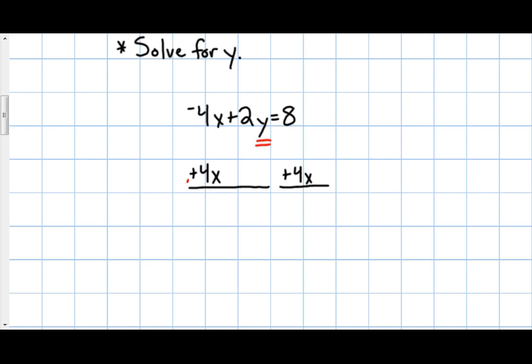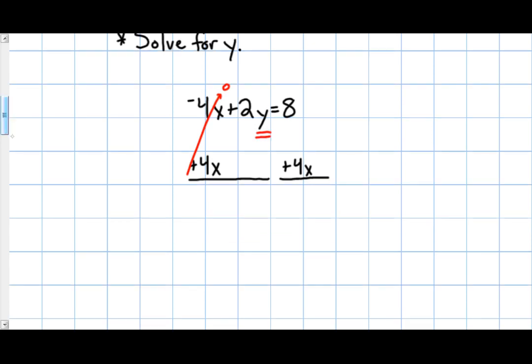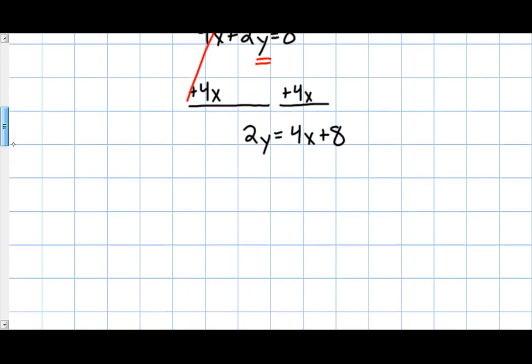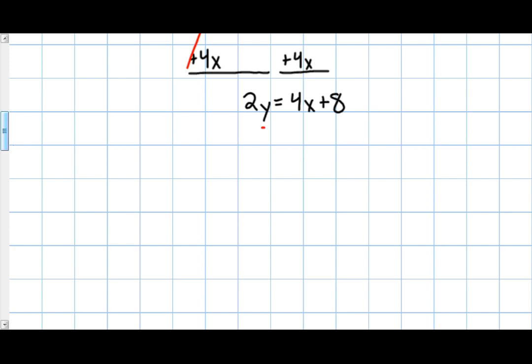So negative 4x plus 4x, that equals 0. So I've got 2y equals 4x plus 8. Okay, I'm getting close. Getting real close.